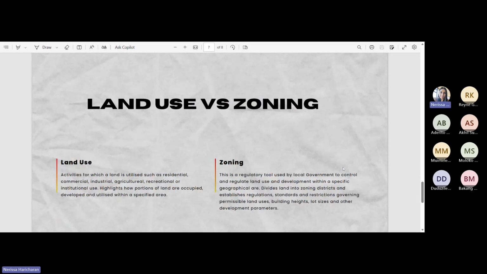Okay, then we're going to run into a little bit of the definition for land use and zoning. So when we're talking about land use, it is basically the activity or different purposes for which the land is being used, whether it is residential, commercial, industrial, recreational, and all of these uses. It basically shows how different pieces of land are occupied, how they're developed, and how they're utilized within a specific area.